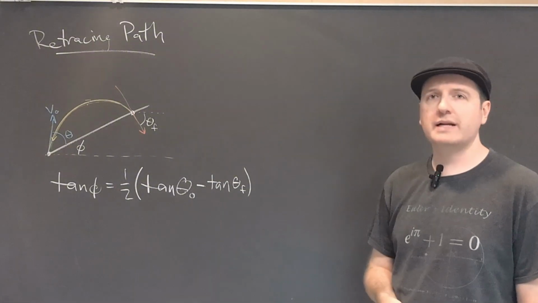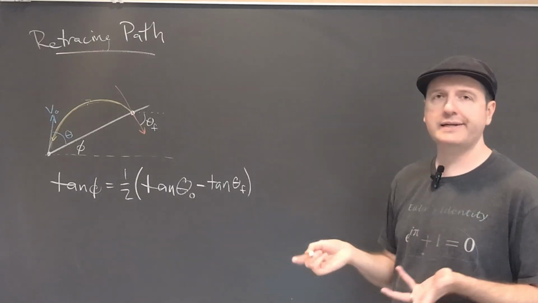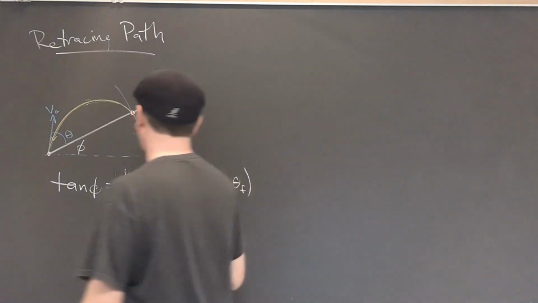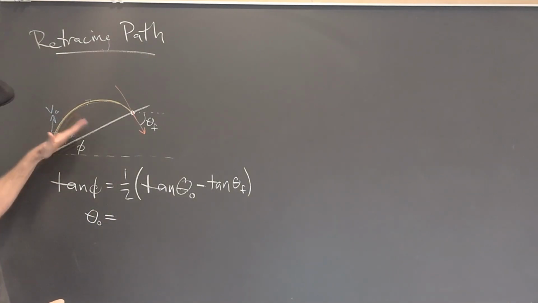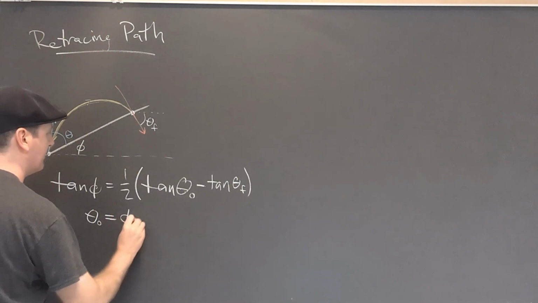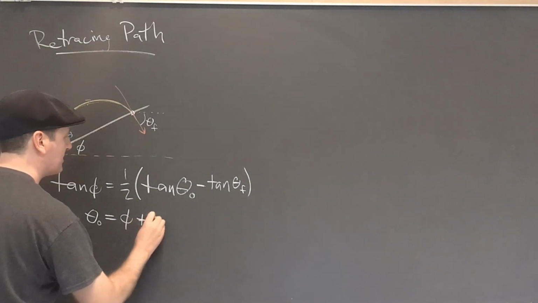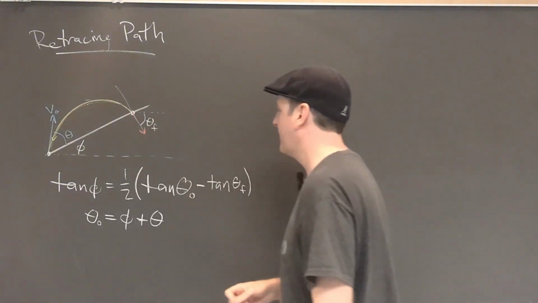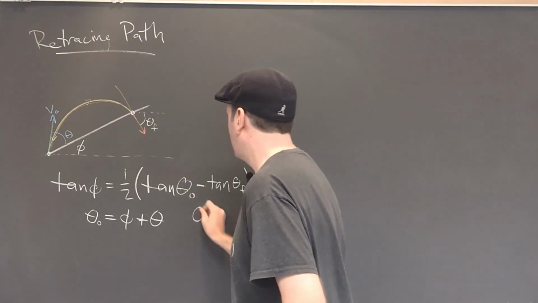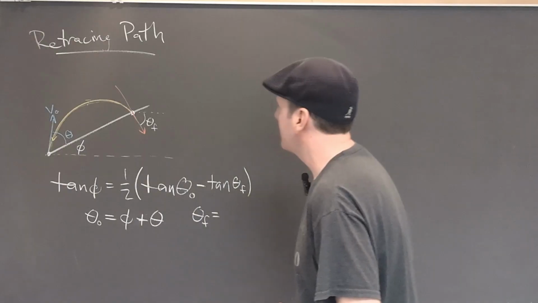Okay, now we just need to do a little bit of basic geometry and a little trig. First off, like I mentioned before, we'll say that theta naught, this initial launch angle, is just my slope angle plus the angle relative to the slope. Okay, that's not so bad. And then we need to work out what theta f is in terms of these things.